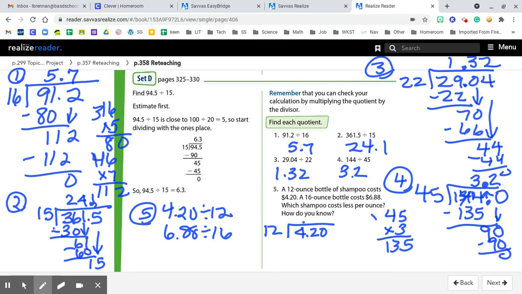420 divided by 12. 12 times 3 is 36. So that's 35 cents. So this one will be 35 cents.